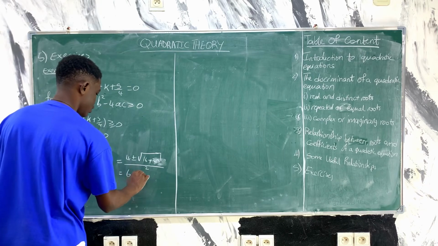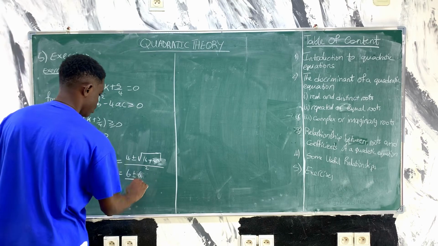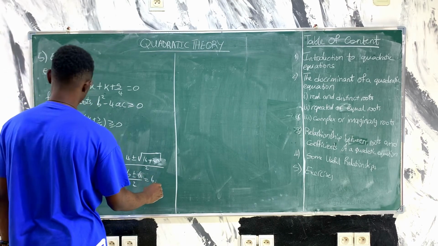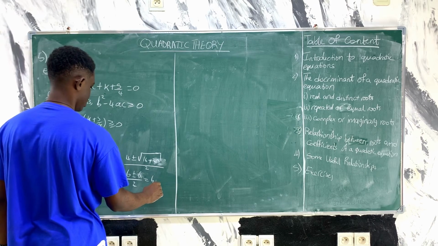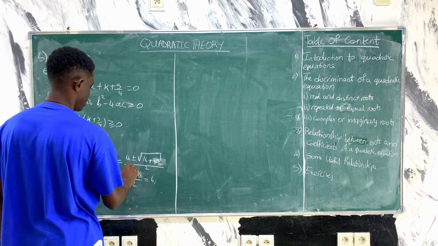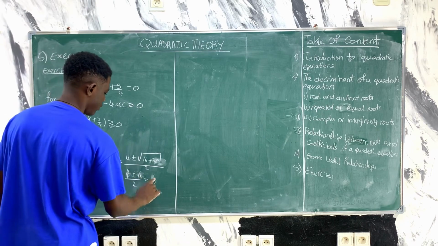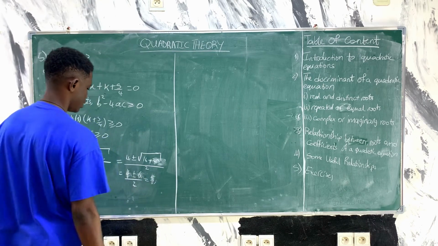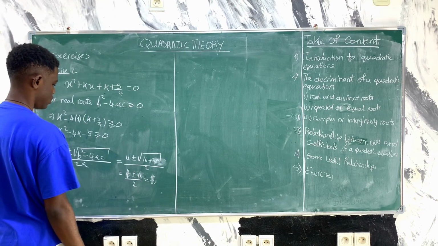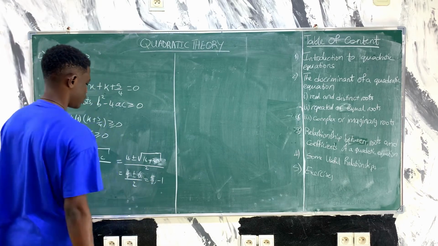That is equal to 4 plus or minus the square root of 16 minus 4 times a times c, where c is minus 5, which gives plus 20, all over 2a. That is equal to 4 plus or minus root 36, all over 2, which gives 5 and minus 1.